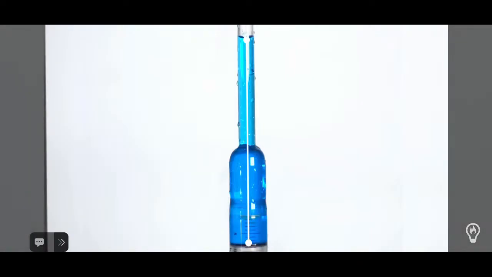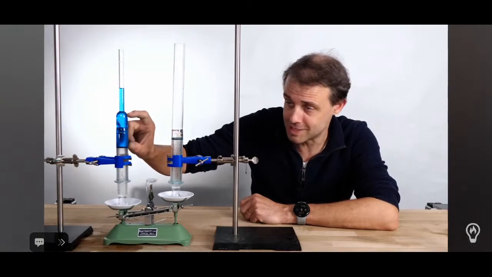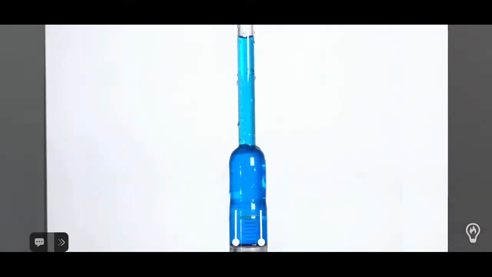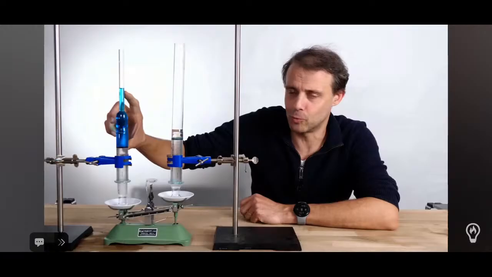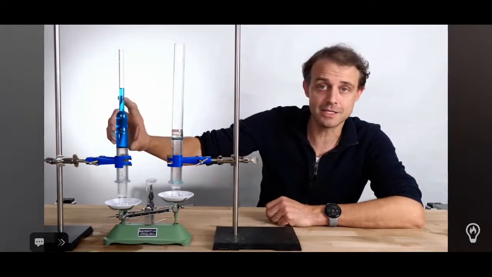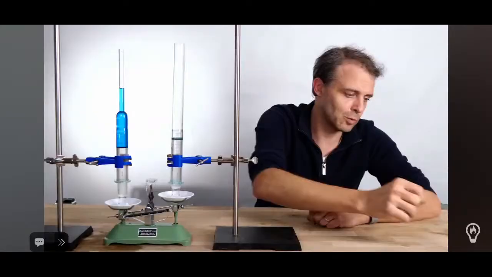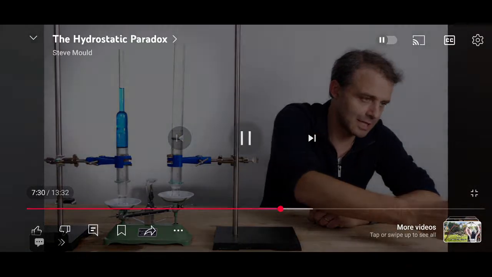So if we want to work out the total force on this piston, then we need to add up the forces, the weights of all those little columns of water around the outside, plus the column of water in the middle there. In other words, it's just the total weight of the water in there. So this is 35 milliliters, so 35 grams of water.